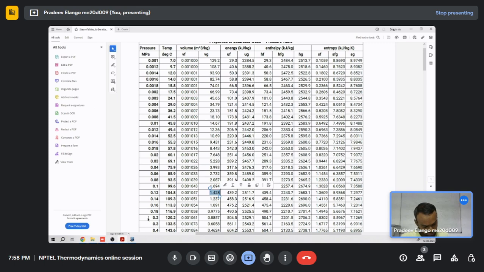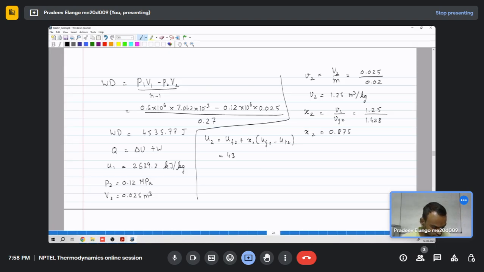So uf2 is 439.2 plus 0.875 into ug2 is 2511.7 minus 439.2, and calculate u2. Sir, 2252.63.